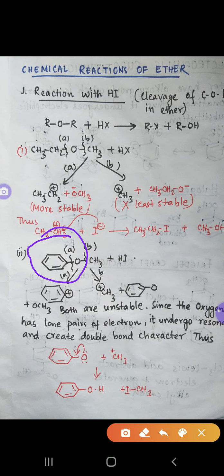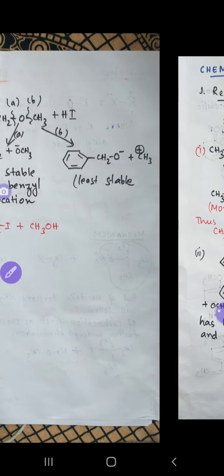If it is directly attached to oxygen, then you will always obtain phenol as your product. And finally, if there is a carbon in between the oxygen and the ring, then a carbocation will be generated on the carbon and I minus will get attached to the benzyl carbocation. So these three reactions you have to remember for today, and it is very important from the examination point of view, right?